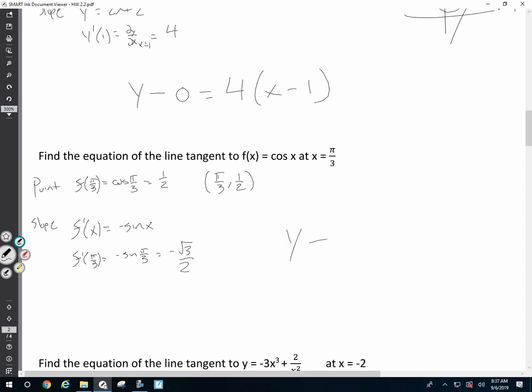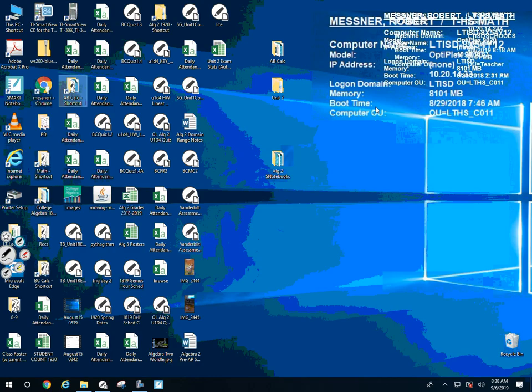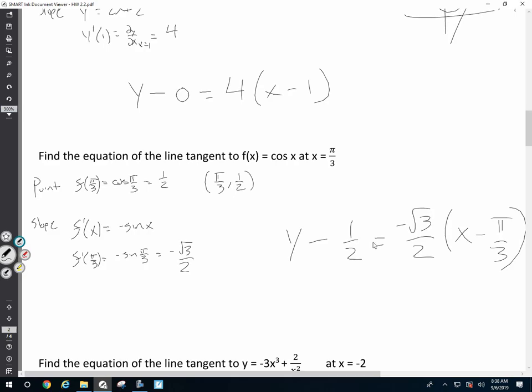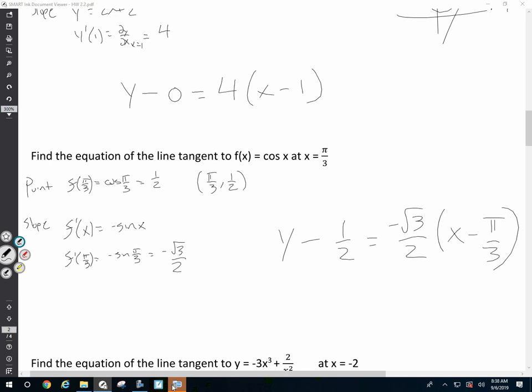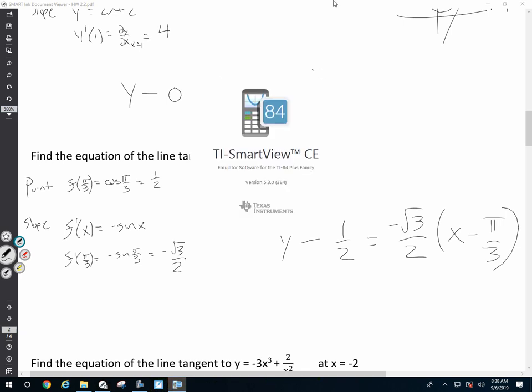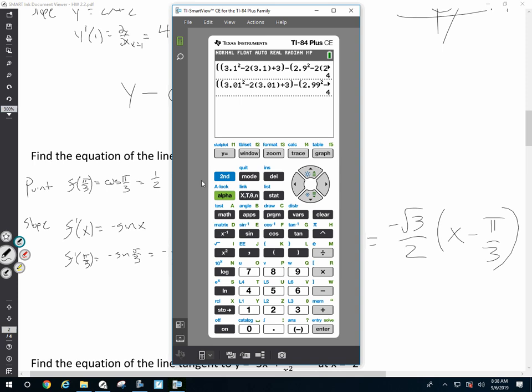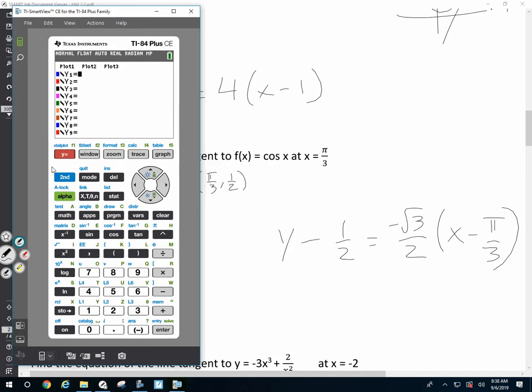Here's my equation. Y minus y1 equals m times x minus x1. What's great about this is you can always check to see if you are correct if you have a graphing calculator. So watch what I'm going to do. Pop up my graphing calculator. Graph cosine of x.